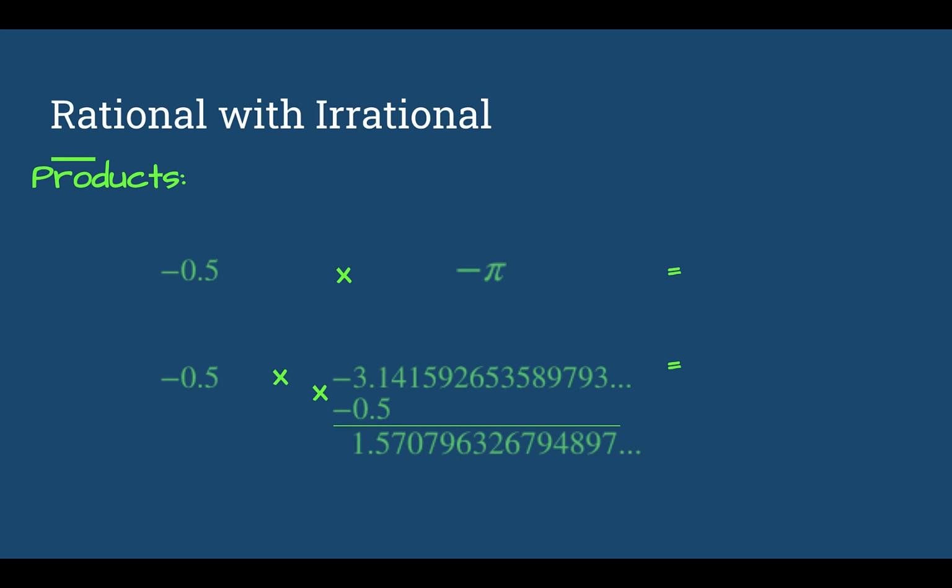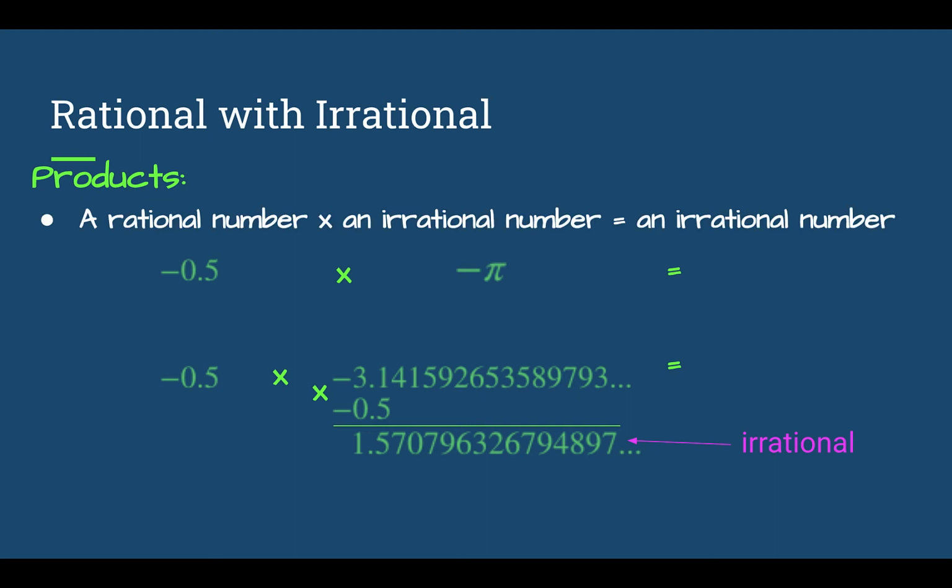You can see what it looks like. What did that come out to be? Well, again, that's irrational. So a rational number times an irrational number is also an irrational number. R times I is I. So adding an irrational number made an irrational number. Multiplying an irrational number makes an irrational number.